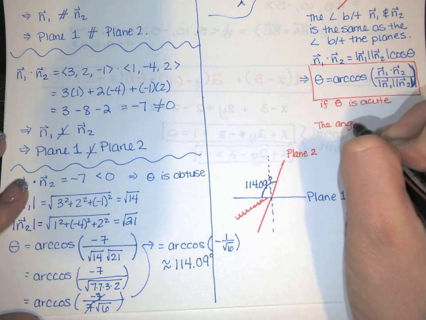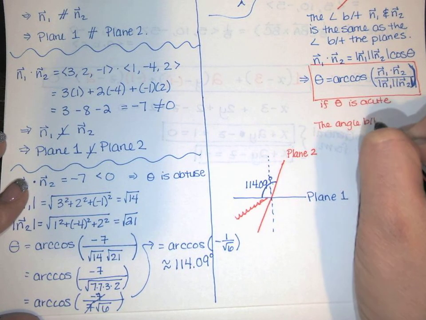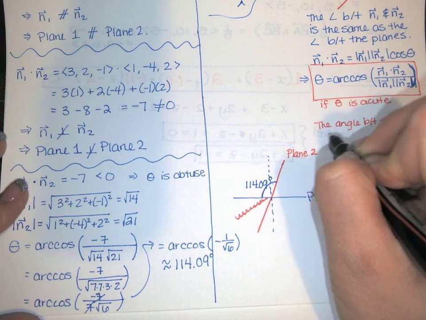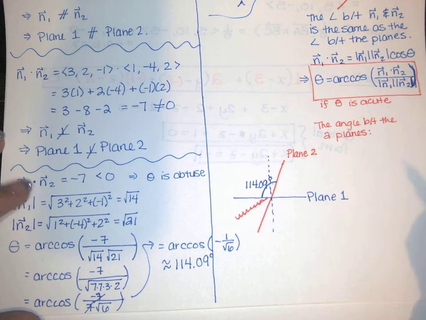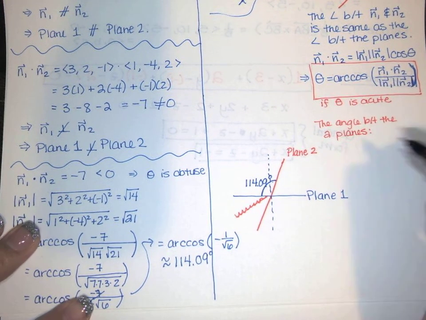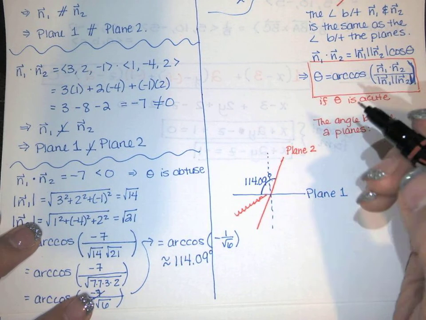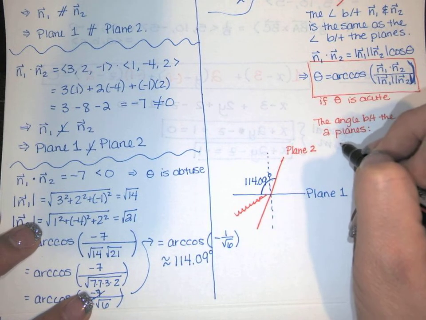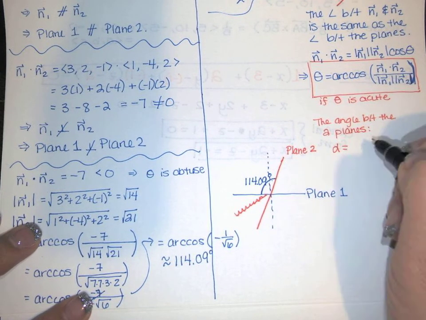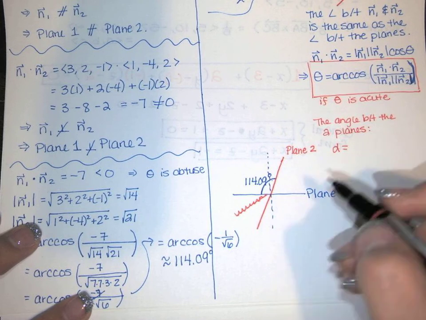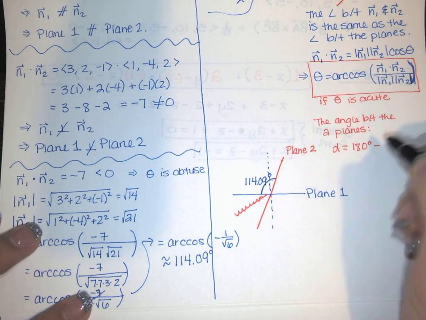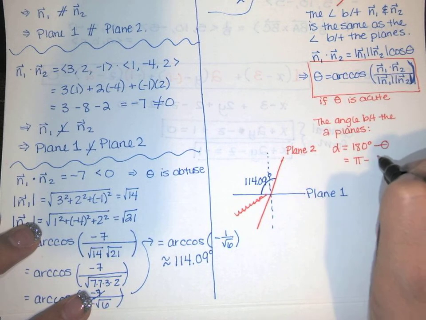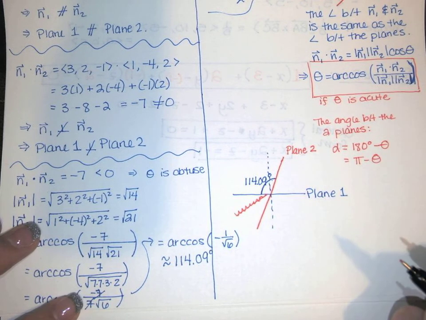In that case, it's another angle. And I want to call it a different name. I'm going to call it alpha. Alpha is going to be 180 minus that theta from up there. Or if you prefer radians, pi minus theta.